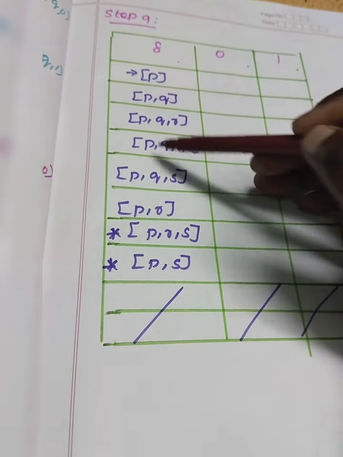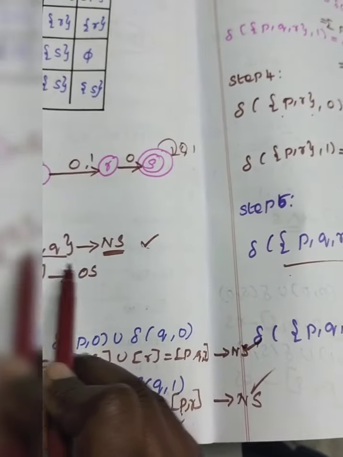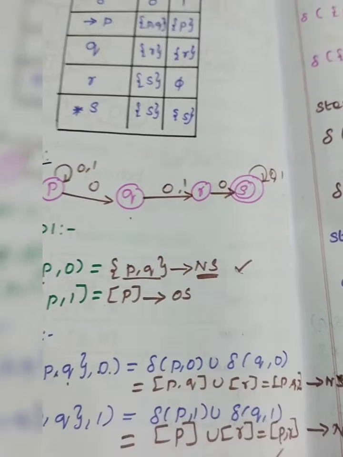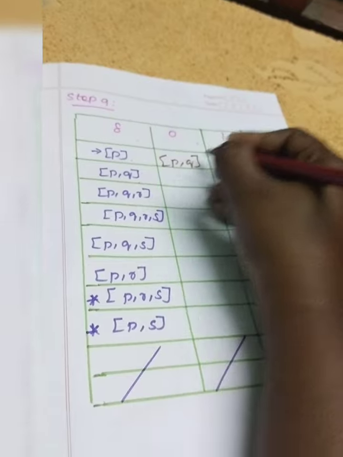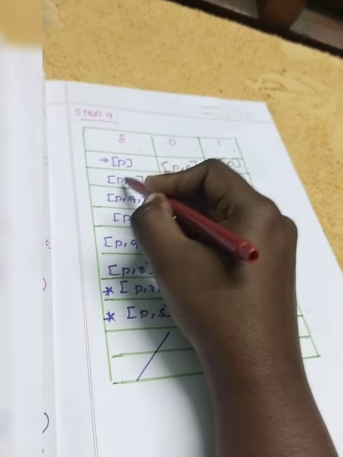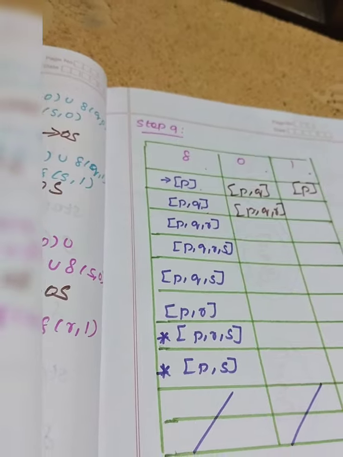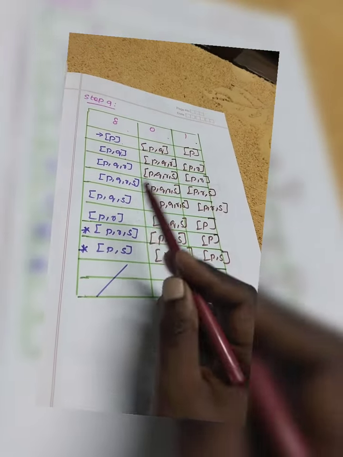Then you can check P processed with the input 0, where it will go. P with the input 0 goes to P, Q. Then P with 1 goes again to P. Then you can check P, Q with the input 0, where it will go. P, Q processed with that gives PQR. So all the states you have to check and write. I wrote all the state combinations, so you can check.